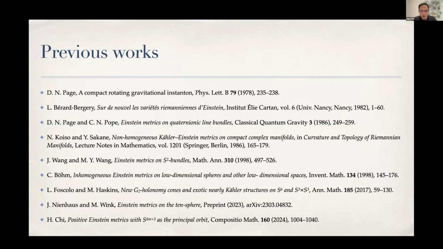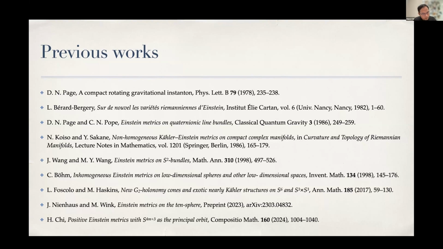And also in his work, he constructed many non-standard Einstein metrics on low-dimensional spheres, right? Later on, his work has been further generalized or brought to many other cases, such as those done by Lorenzo Foscolo, Mark Haskins, Jan Nienhaus, and Matthias Wink.